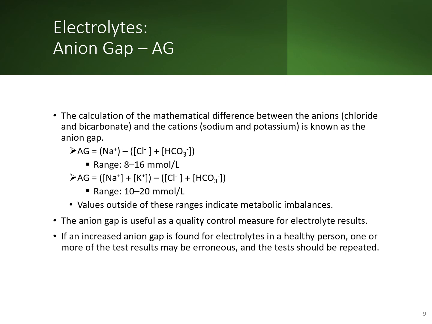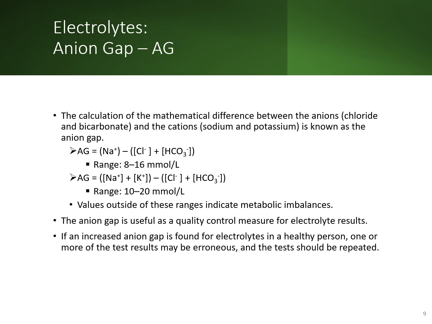What you look for with this is to make sure that it's within that range. If it's within that range, then it's a good indicator that the patient has a good metabolic balance, and you can feel pretty confident that those results are accurate. However, if they're outside of that range, then it could mean that there's some sort of imbalance happening within that patient.